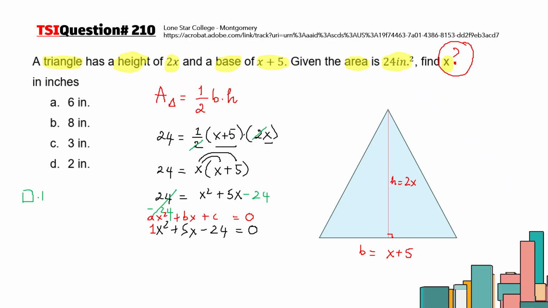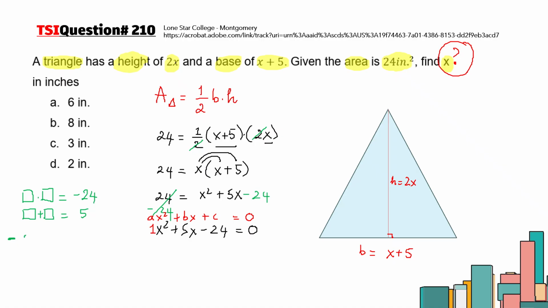Two numbers multiplied together equal a times c, which is 1 times negative 24, which is negative 24. Now we have the same numbers, but we add them up. That will be b, which is 5 in this case. Now for negative 24, one factor will be negative and the other number has to be positive.